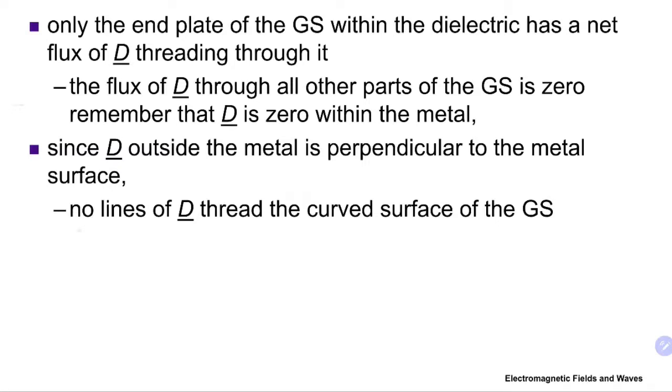Okay, so as I mentioned, no lines of D cross the curved surface of my Gaussian surface, and therefore we do not have to consider the curvature area, only the area on the top.